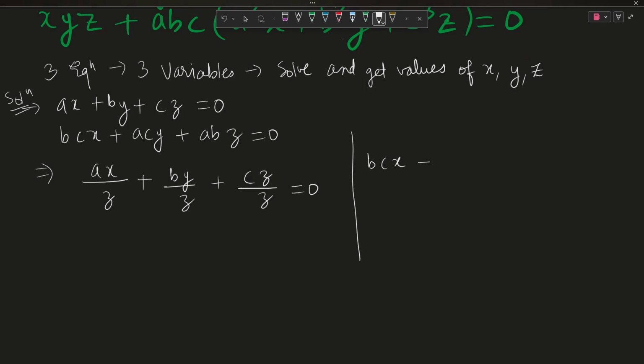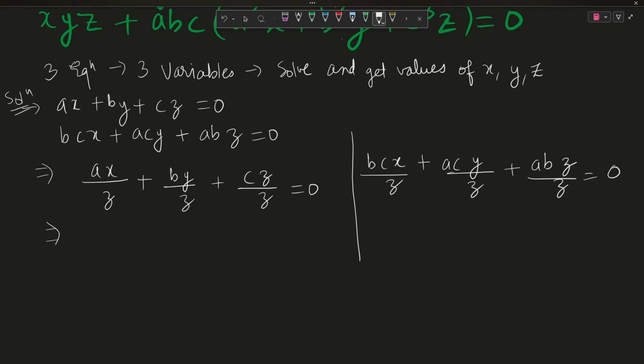bcx upon z plus acy upon z plus abz upon z is equal to 0. Now we will solve them.